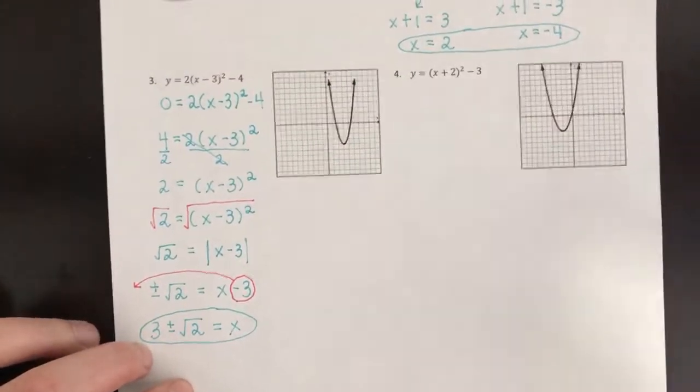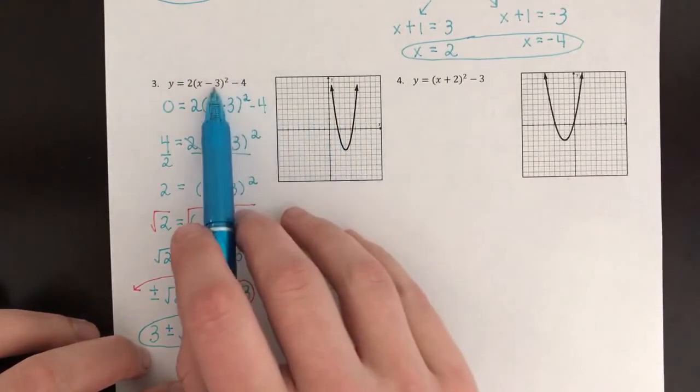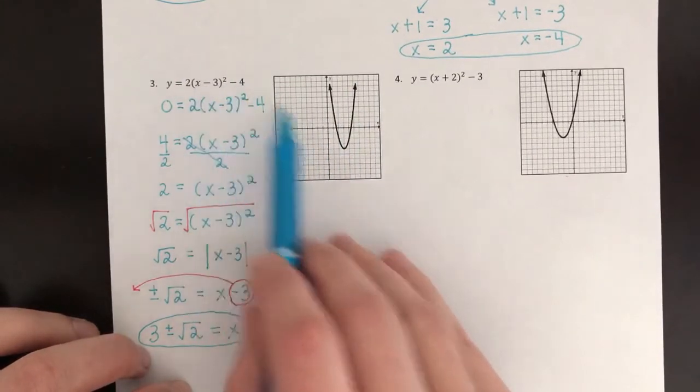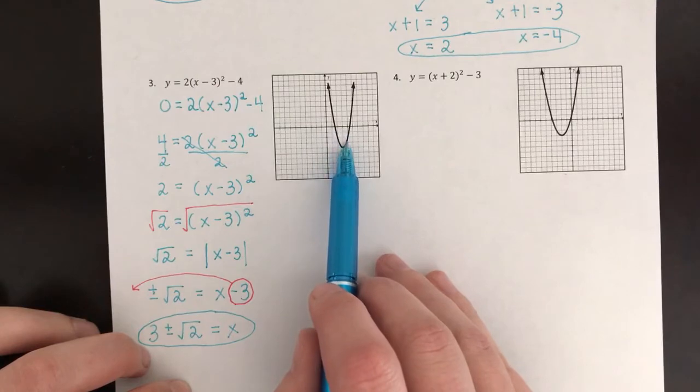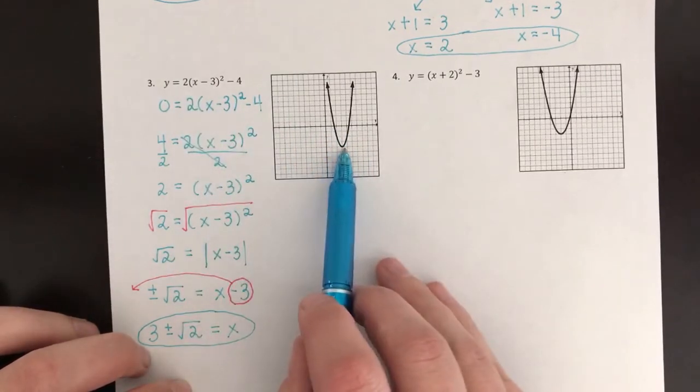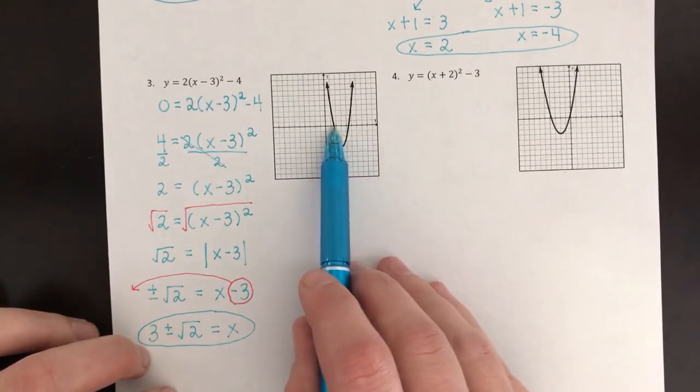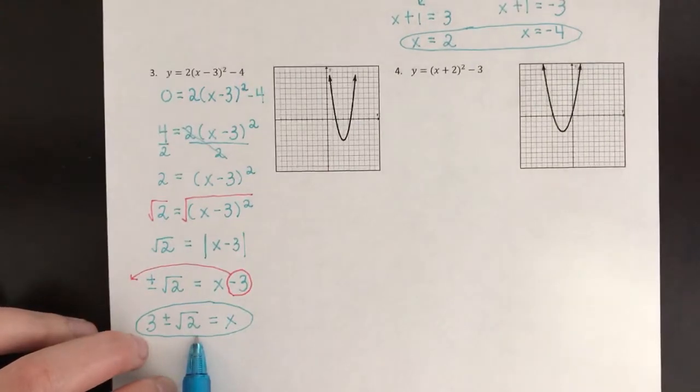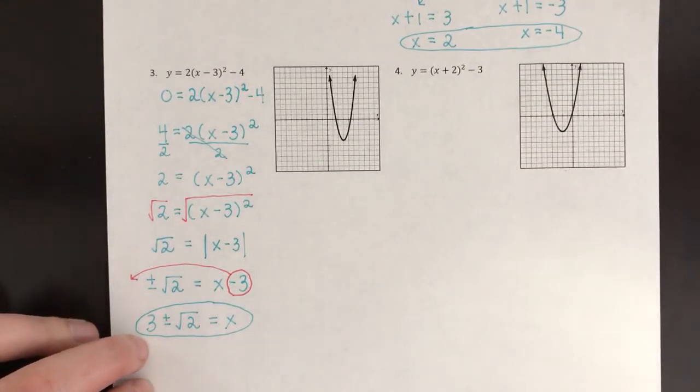in your IP. Now, of course, we've got this graph graphed over here, right 3, down 4, vertically stretched by 2. I can't tell if these values match this. I can't check my work based on this, because I don't know about you, but I don't know what 3 plus square root of 2 is.